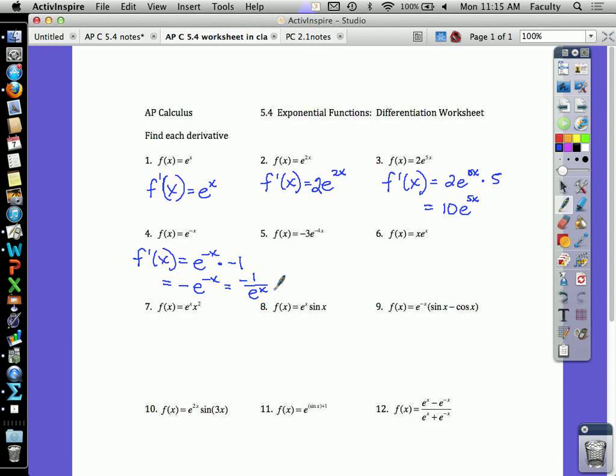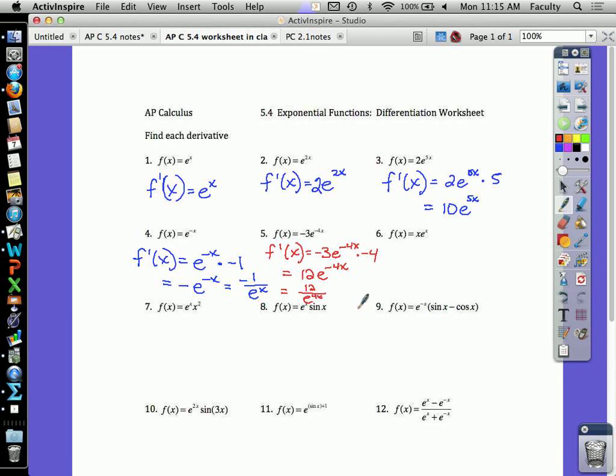All right, try number 5 if you haven't already. f of x equals negative 3e to the negative 4x. All right, are you guys getting 12 over e to the 4x?